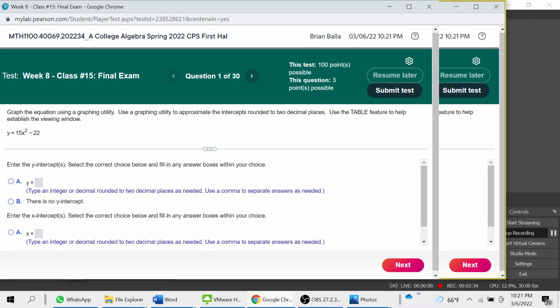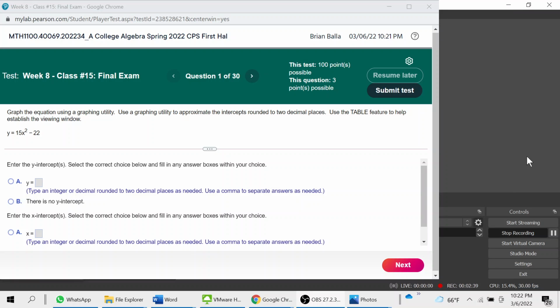Okay, question 1. Graph the equation using a graphing utility. Hold on.